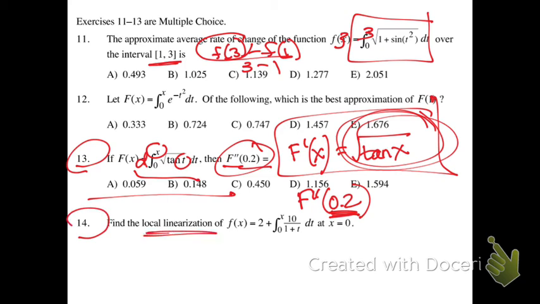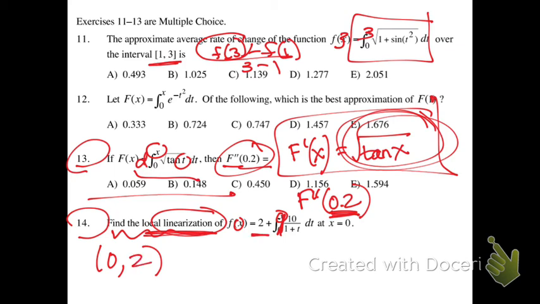Number 14, local linearization. What might that mean? This is a different book, so you might not recognize that term, but that just means equation of a tangent. So you need 2 things. You need point and you need slope. The point at 0 means you're going to plug in a 0 here, which means this is a 0. And since these numbers are the same, hopefully you can see that that's just going to be 2.